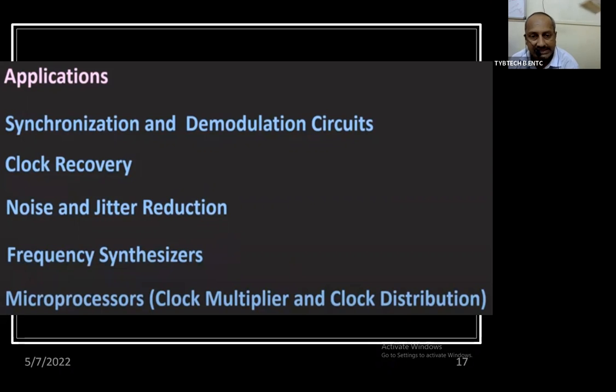Next, frequency synthesizer. And the last one given is the microprocessor. In microprocessors also the PLL is used in the chip. What is the purpose of using it there? It is used as a clock multiplier and for clock distribution.